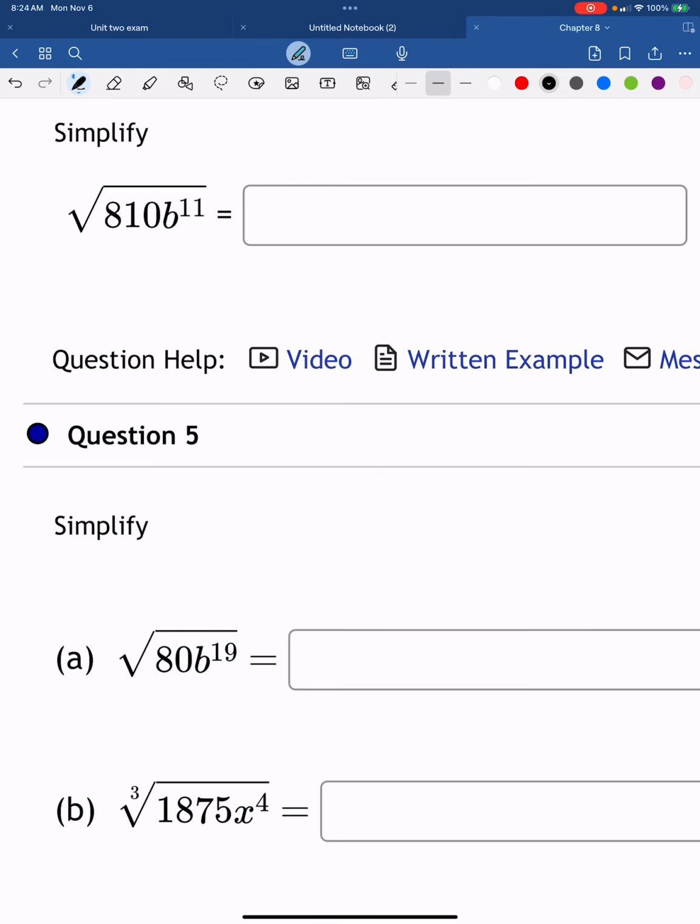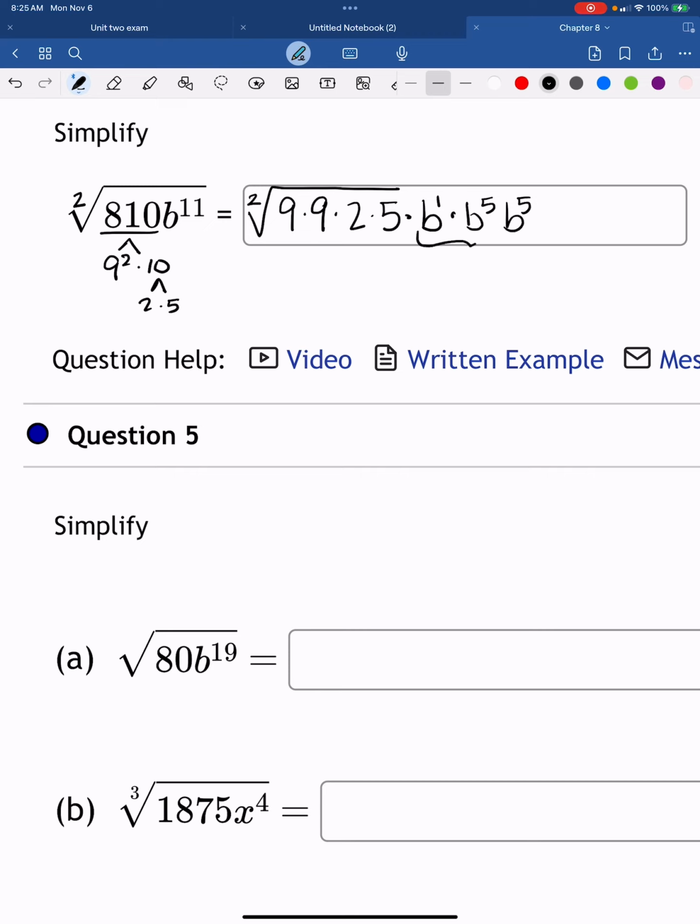Again, we have a square root. 810 is 9 squared times 10, and this is 2 times 5. So I see this as the square root of 9 times 9 times 2 times 5 times b to the 1, and then I have b to the 5th, b to the 5th.